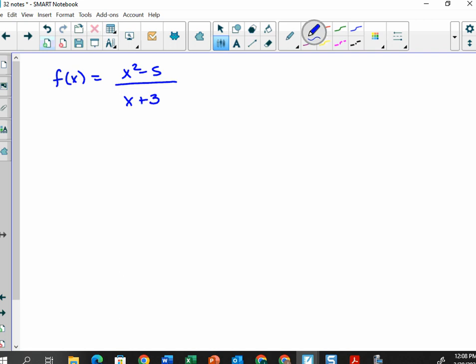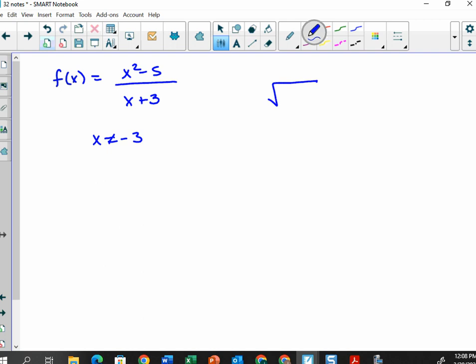The only two things you ever look for, denominators of fractions and even radicals. Do I have a denominator of a fraction here? Denominator of a fraction? Yep. So I know x cannot equal -3. Do I have a radical? No. Radical means this thing.